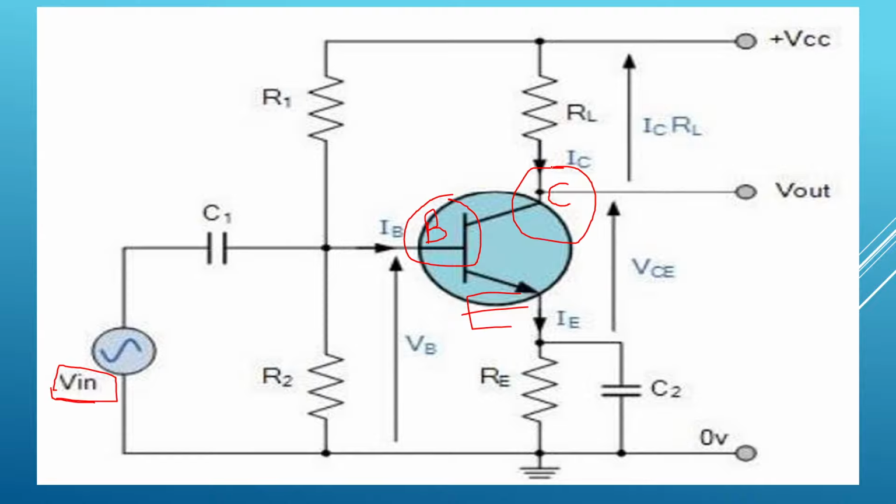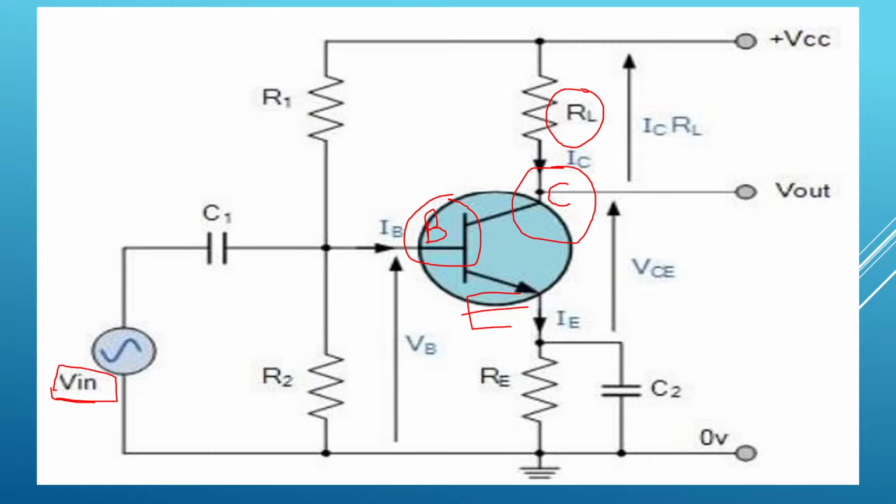This increase in the collector current will cause the voltage drop across the load resistor. So when collector current is gradually increasing, voltage across the load resistor will decrease.